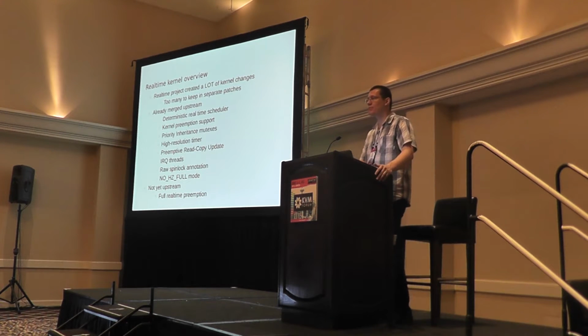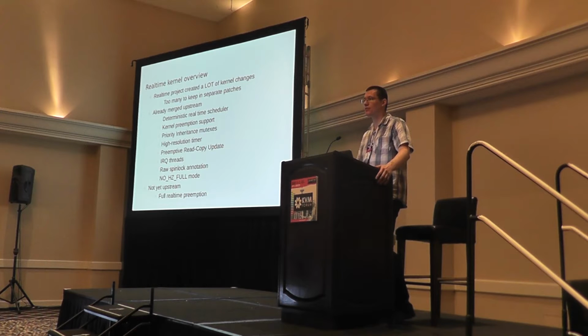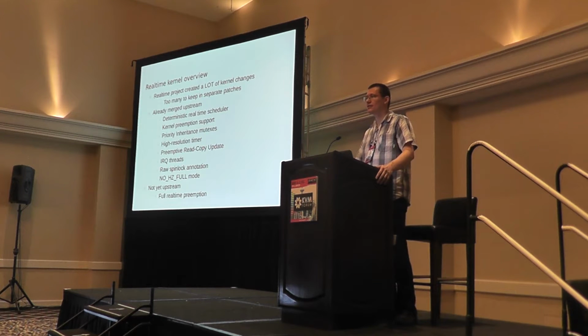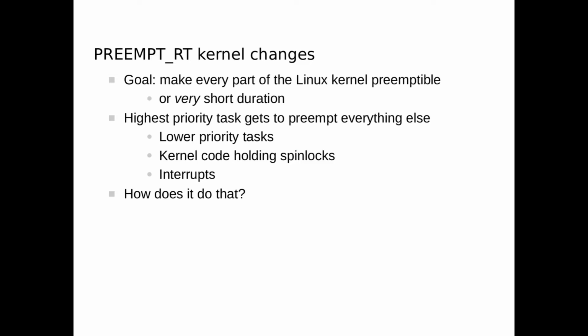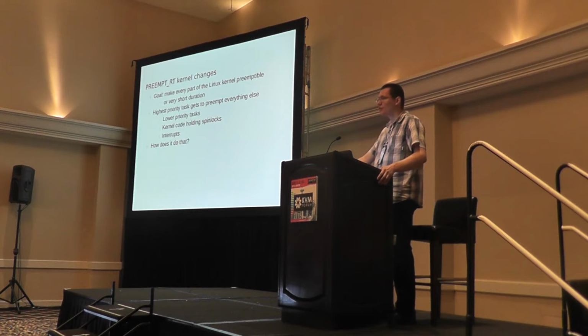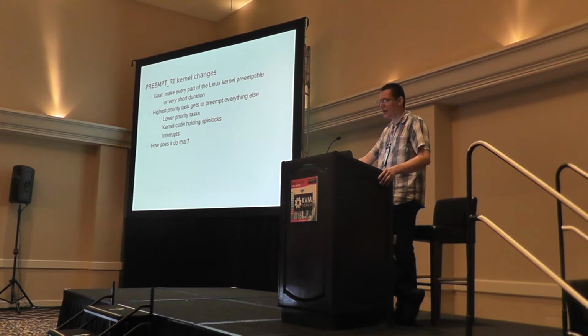But full real-time preemption still has a number of things left that really need some significant work to get upstream. The goal of the last pieces of the real-time preemption code is to make every part of the Linux kernel either preemptible or of very, very short duration.